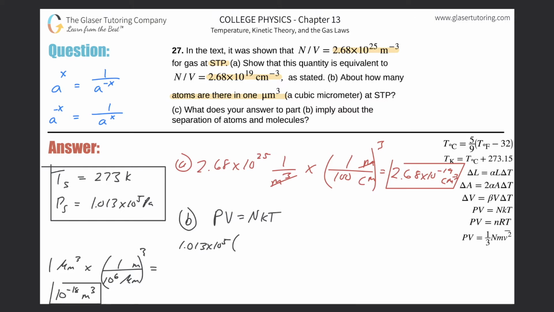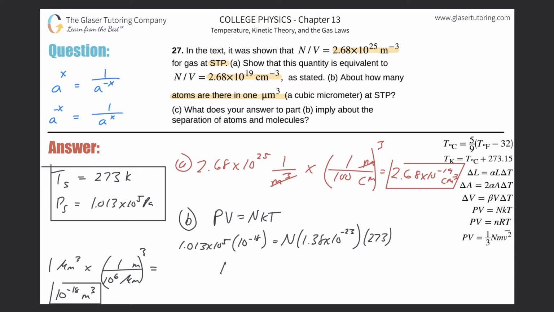So that's what I'm going to plug in. This is 10 to the minus 18. That will equal the number of atoms, N, multiplied by the Boltzmann constant, which is 1.38 times 10 to the negative 23, and then multiplied by the Kelvin temperature, and it's at STP, so that's 273. Now all you have to do is calculate this for N, so divide out these two terms from both sides.